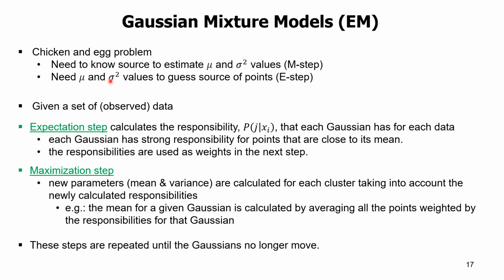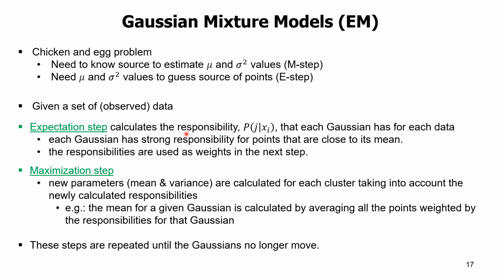So that's the basic concept of the EM algorithm. The EM algorithm consists of two steps, the E step and the M step. Given a set of data, you have the expectation step and the maximization step. This is called the E step, this is called the M step. In the expectation step, as I said here, using the parameter values, we compute the responsibility.